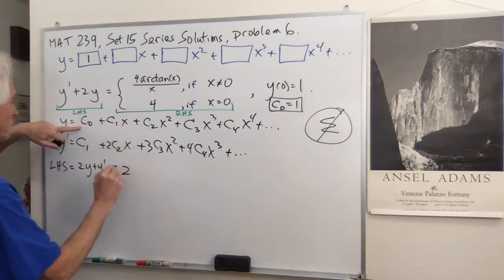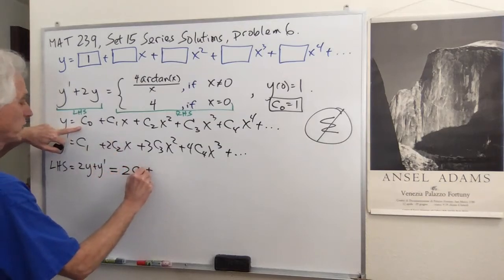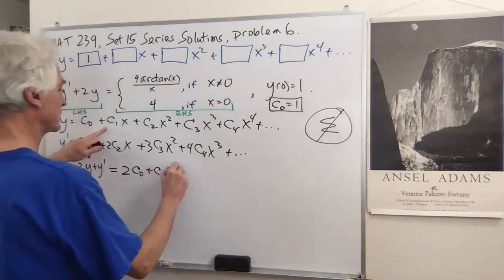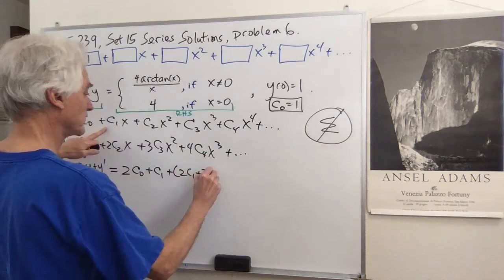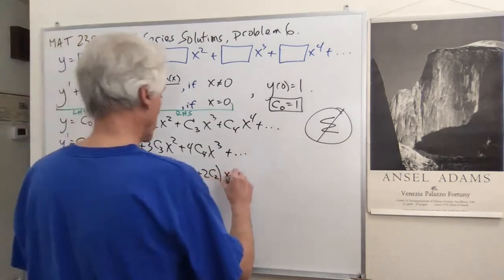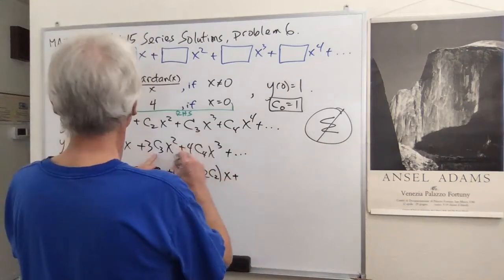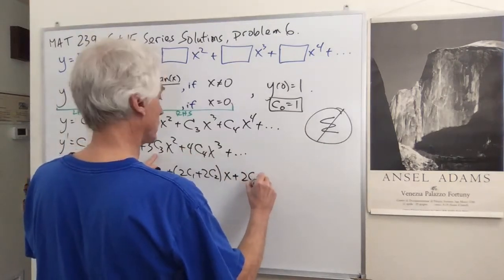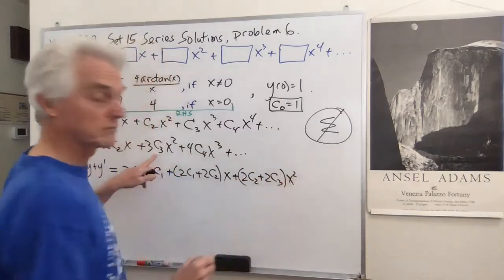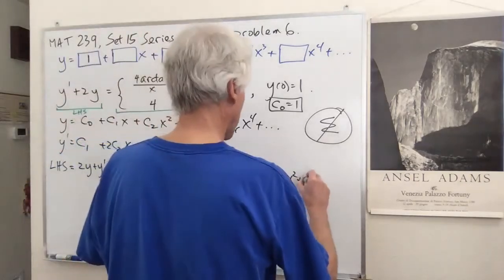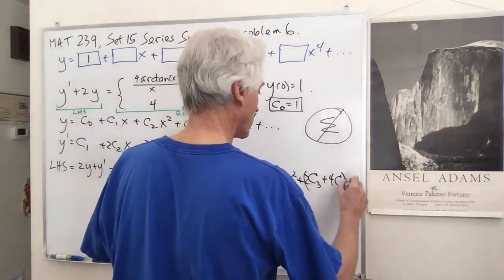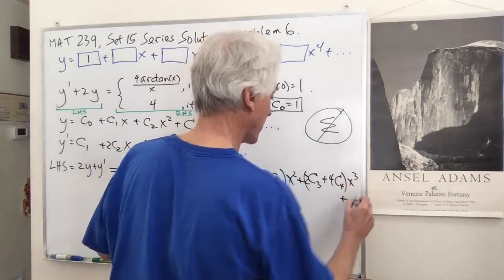So this is going to be 2C0 plus C1, that's the constant term, plus 2C1 plus 2C2 times x, the two terms that involve x, plus 2C2 plus 3C3 times x squared, plus 2C3 plus 4C4 all times x cubed plus dot dot dot.